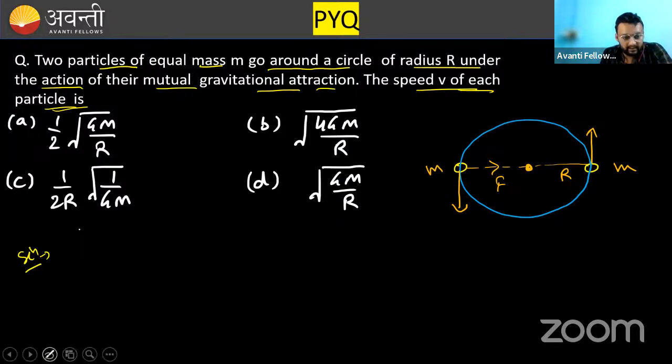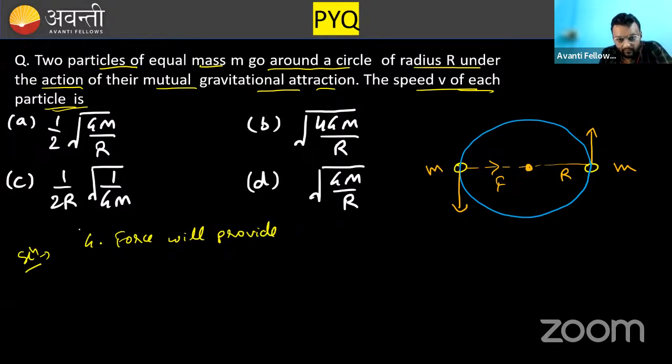So what I can write here: gravitational force will provide the centripetal force. So you can say that the centripetal force is provided by the gravitational force.